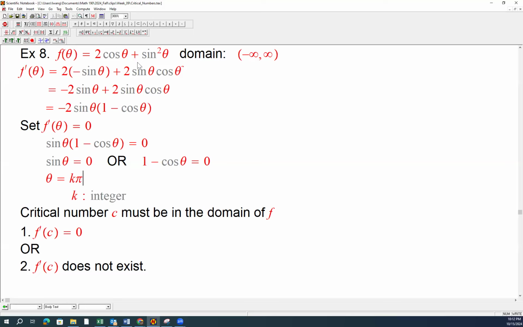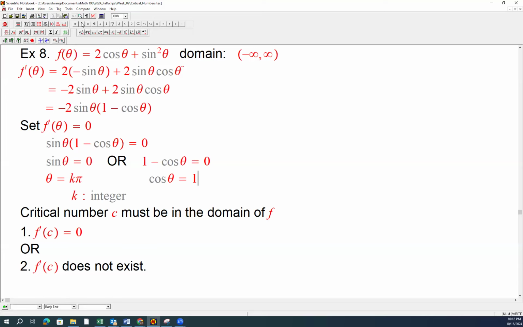Please refer to the trigonometry review on this. For the other piece, we got cosine theta equals 1. What values make cosine theta equal to 1? Well, cosine 0 equals 1, cosine 2 pi equals 1, and cosine 4 pi equals 1.